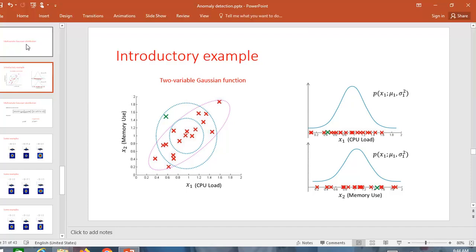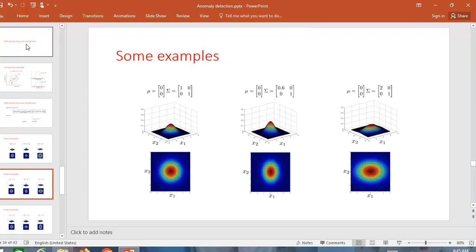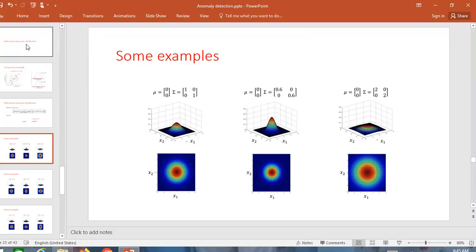Check out some different examples here in this covariance matrix. 1 in the first row means the scatter in the horizontal direction, for example, x1, and 1 in the second row, in the vertical direction, for example, x2.